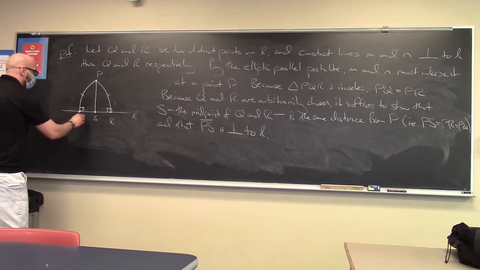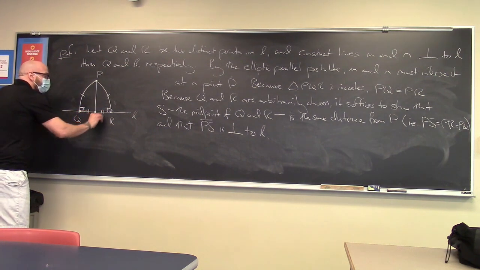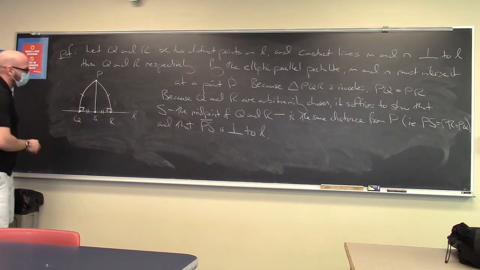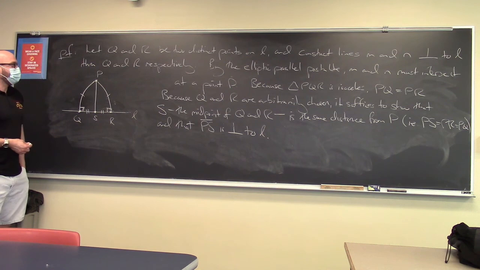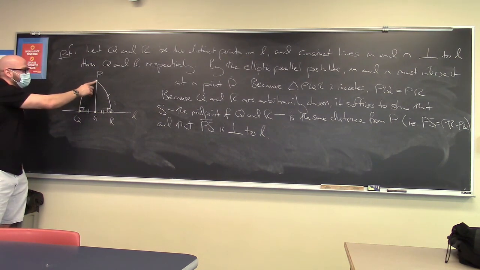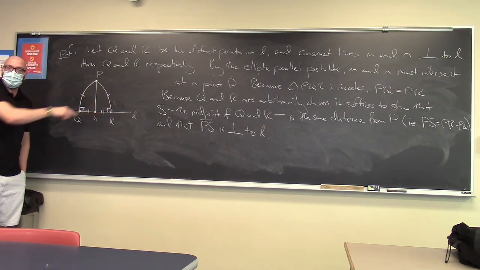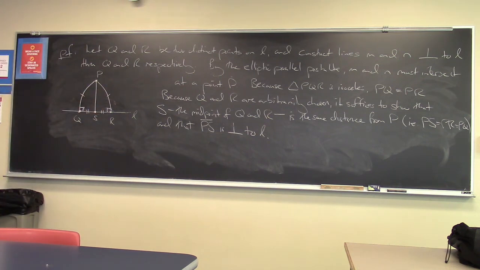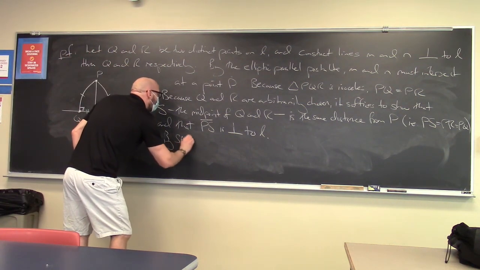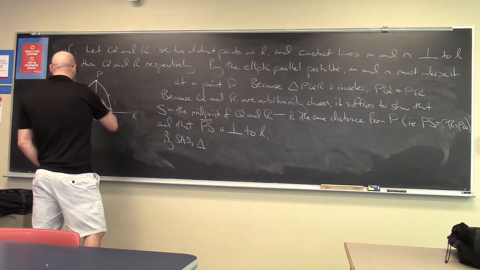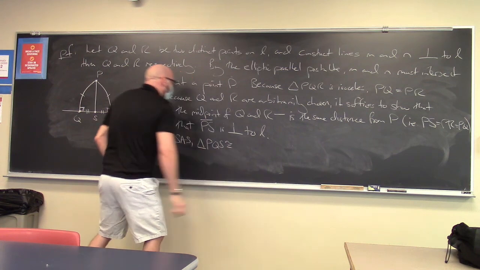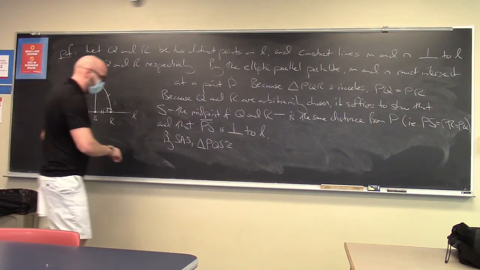And why are these true? Well, if this is the midpoint, then those two sides are the same length, right? I haven't told you exactly which postulates we have in elliptic geometry, but in neutral you would say by SAS, these two triangles are congruent. And we do have SAS in elliptic, so by SAS, triangle PQS is congruent to triangle PRS.